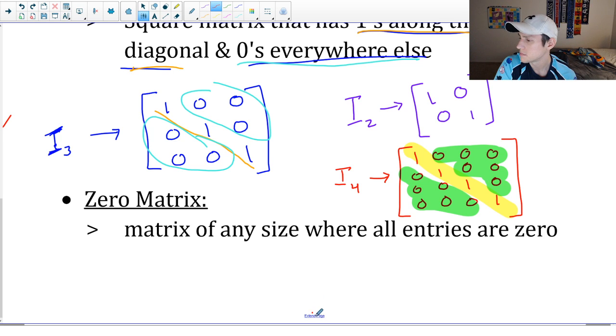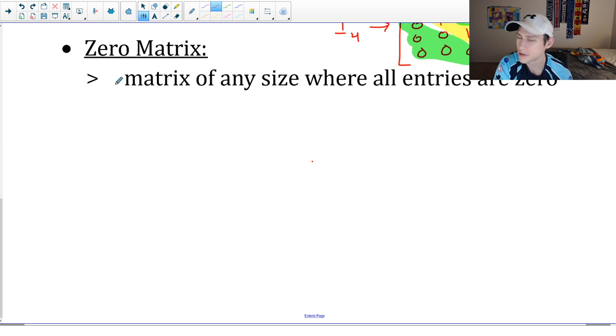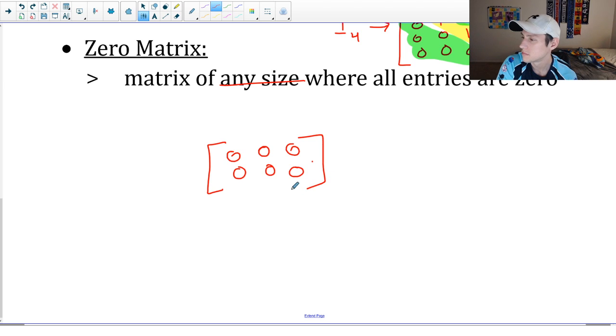And lastly, we have what's called the 0 matrix. This can be a matrix of any size, does not matter. All it means is all the entries are 0. Boom, 0 matrix.